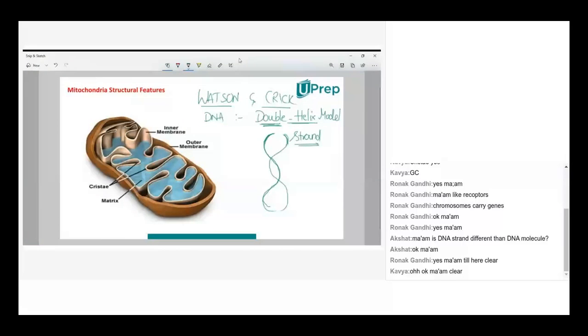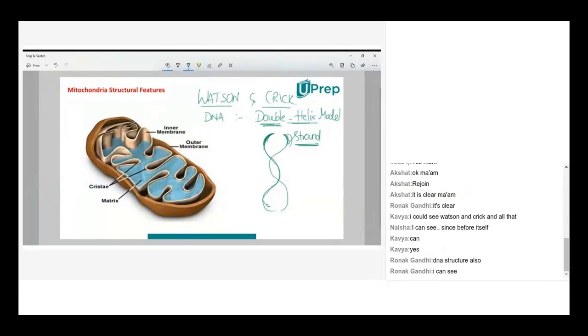So that's why we are using the word strand. And in the helix, both the strands, first strand and second strand, each is made of DNA molecules. Here, this stands for molecule. The molecules will be in the form of a strand. So that's the difference. Someone asked about molecule and strand.